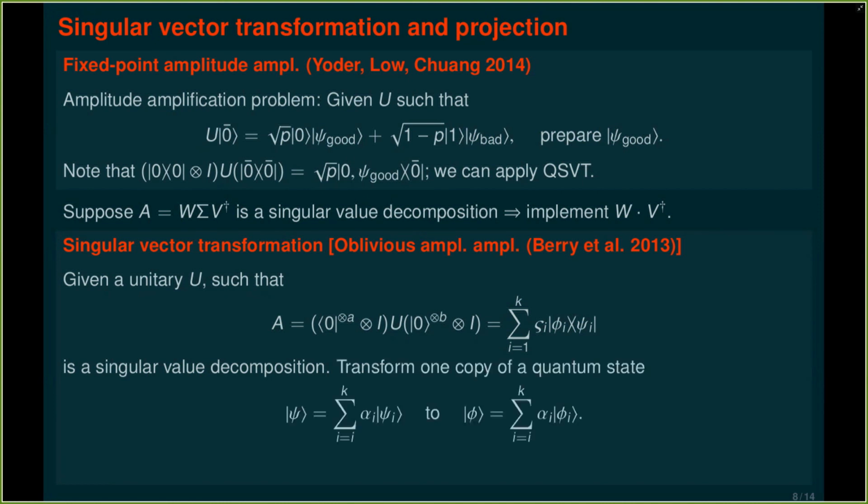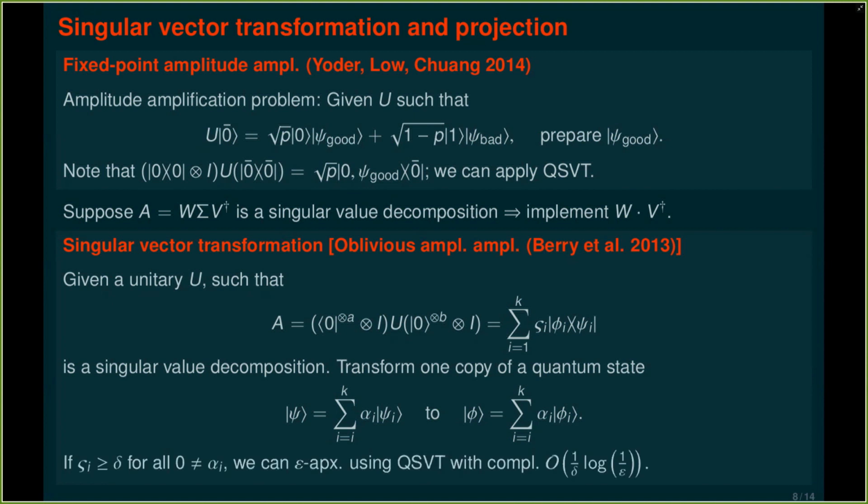And now we want to construct a unitary that transforms one copy of a quantum state, which is a superposition of alpha i psi i, to a different state where we replace these right singular vectors psi i's with left singular vectors phi i's, but keep the same amplitudes. It's another way of saying that we want to implement this W V dagger.